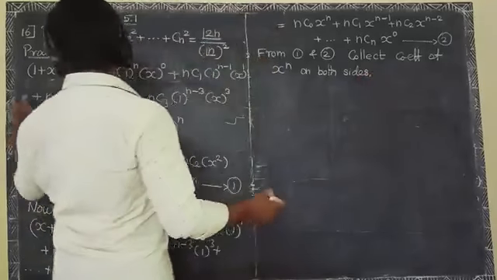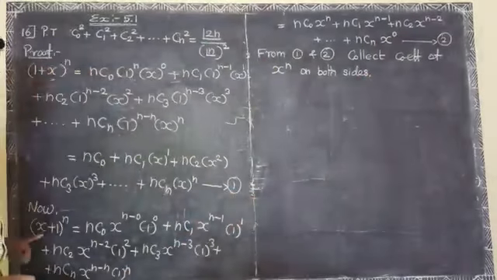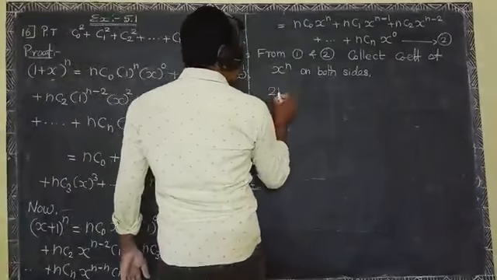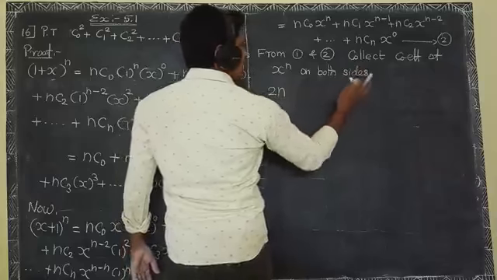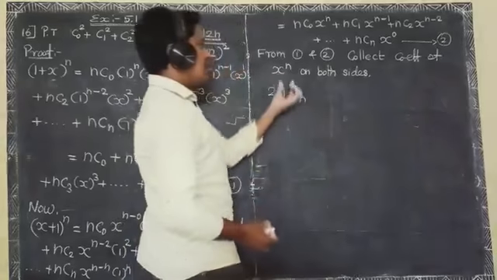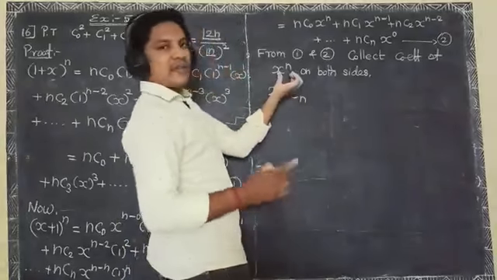Then the left hand side, (1 plus x) whole power n times (x plus 1) whole power n, that is (1 plus x) power 2n, isn't it? The coefficient of x power n is 2nCn, because we are collecting the coefficient of x power n.